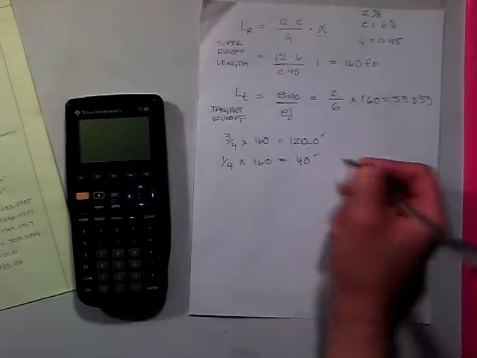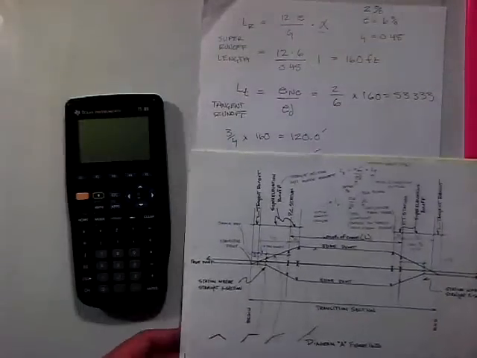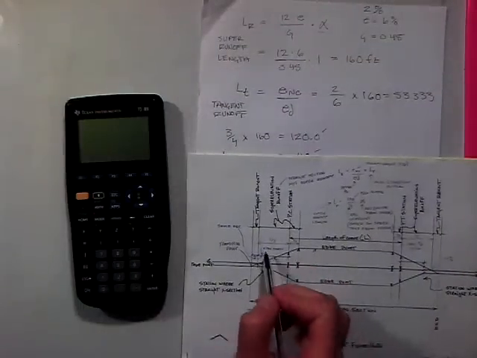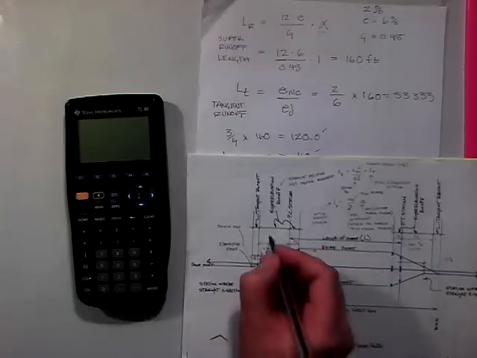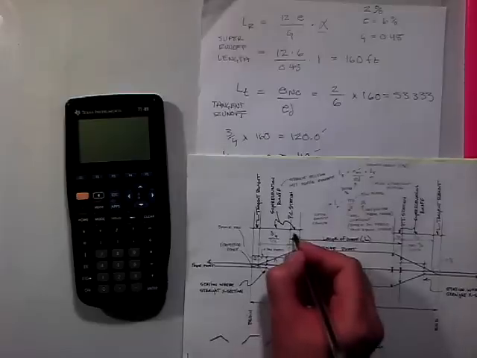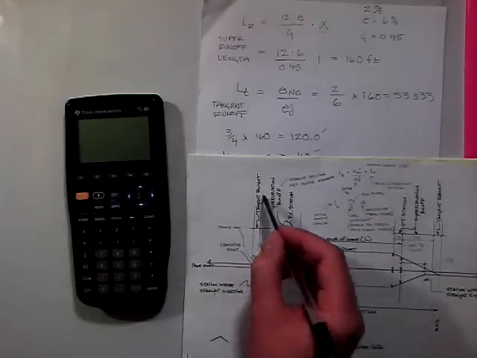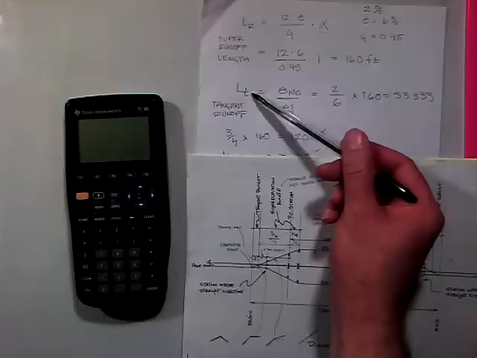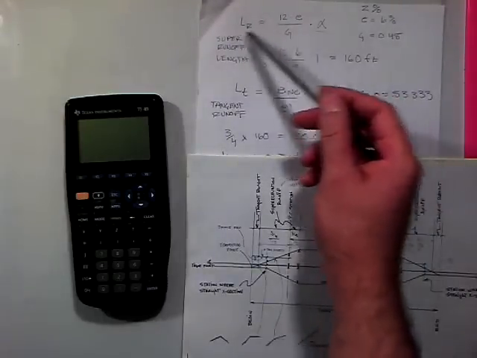So basically what that calculated was from the end of the tangent runoff to our PC elevation, we have for this problem 3/4, and then from our PC to our end of superelevation runoff is 1/4. And then our tangent runoff will be LT here at 53 feet, and then our full superelevation runoff will be 160 feet.